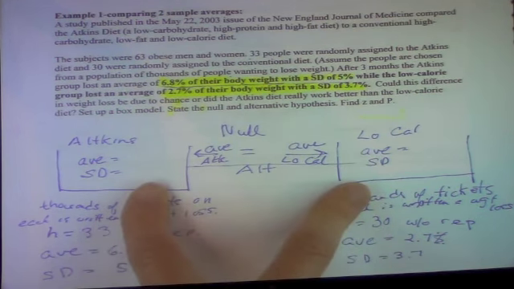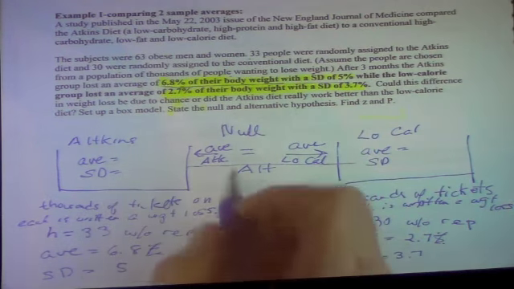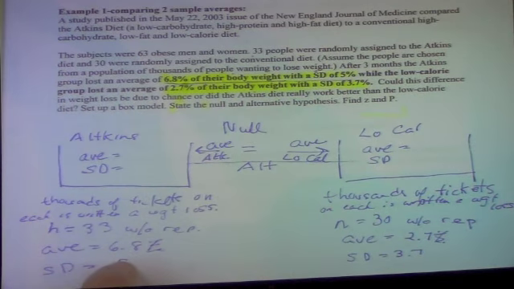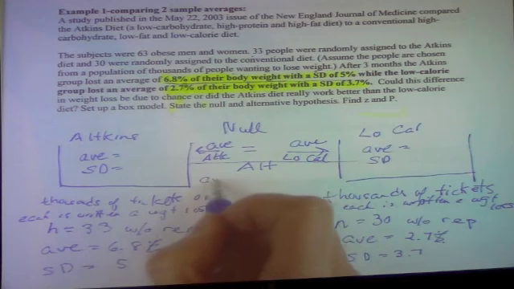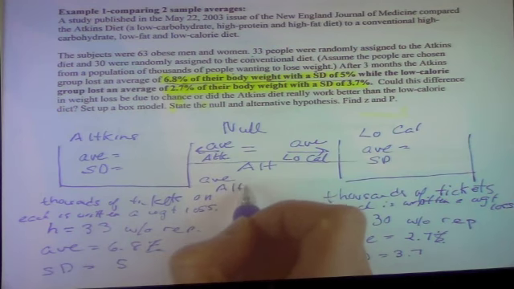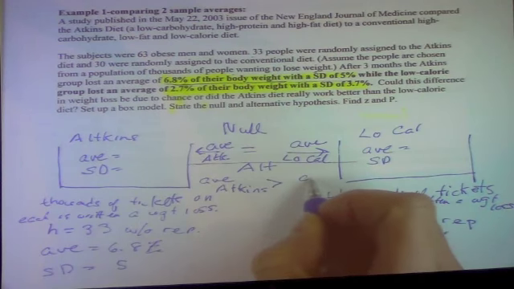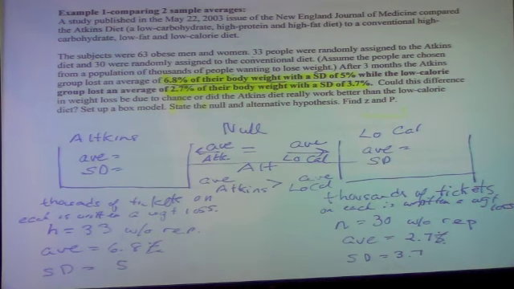That would be so unlikely. So the alternative is that the reason we're seeing this bigger average is because the average in the Atkins, in the whole box, truly is bigger. They do lose more weight than the average in the locale. So that's the idea. Do you get it?